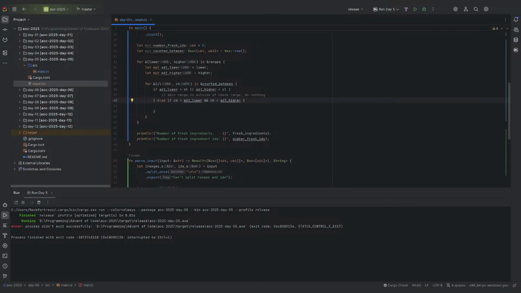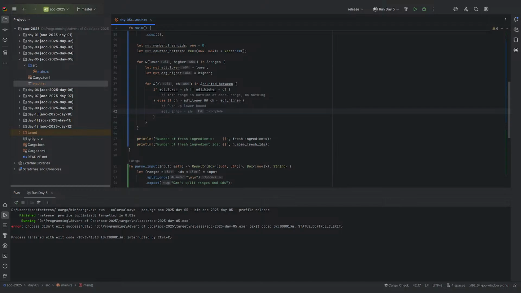Okay, I need to really make sure I do this right all the way. So here, the range pushes up the lower bound, but also doesn't touch the higher bound.